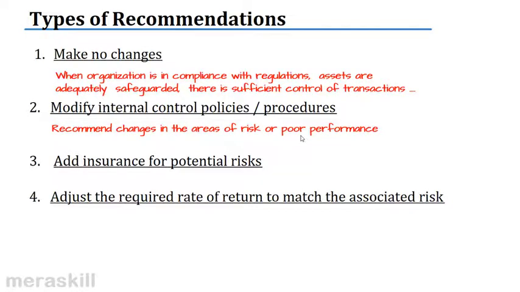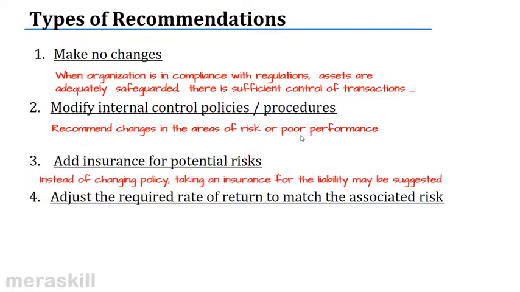Then sometimes there is no solution as such except to take an insurance to safeguard. Instead of changing a policy and procedure, we take an insurance for the liability. Because sometimes despite controls, the loss may occur, the liability may arise. Therefore, taking an insurance at least guards us from a financial loss.